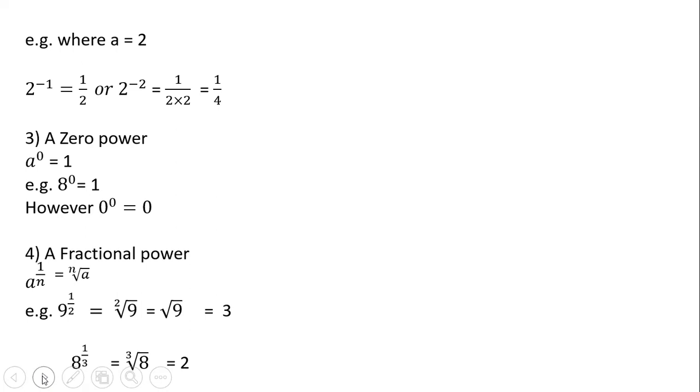For example, 9 raised to power 1 over 2 gives the square root of 9, which is equal to 3. And when we have 8 raised to power 1 over 3, we get the cube root of 8, which is equal to 2.